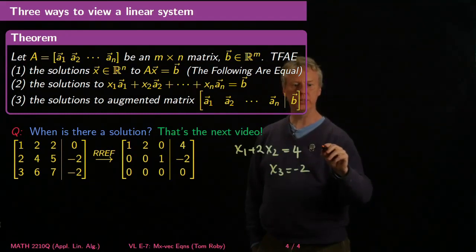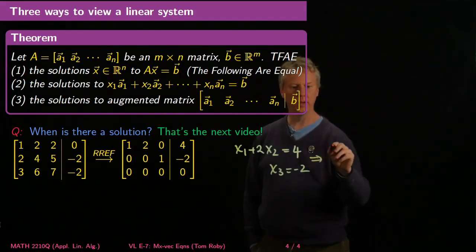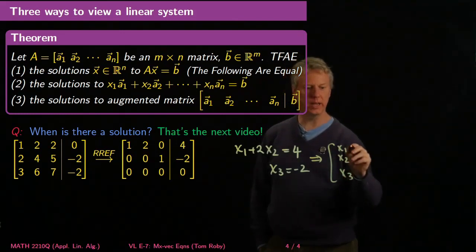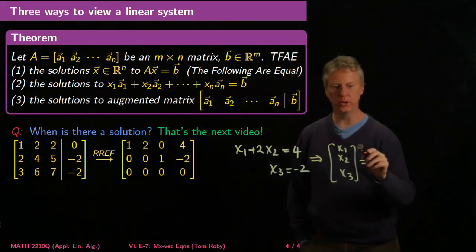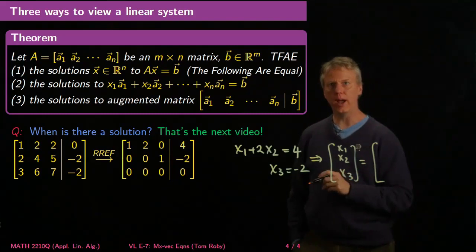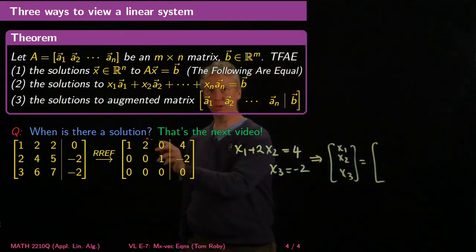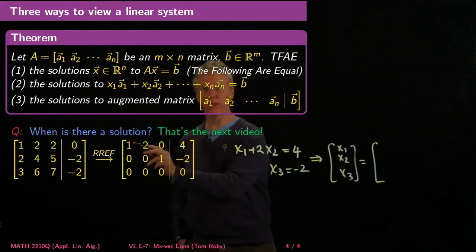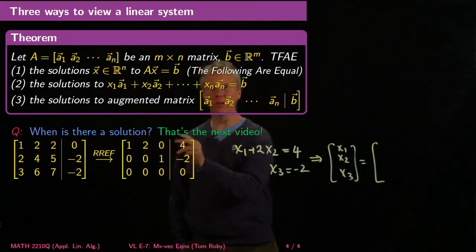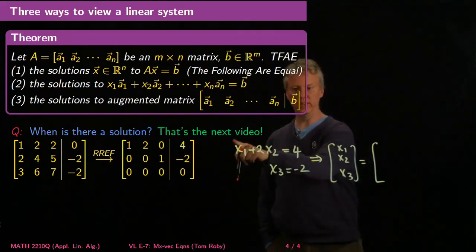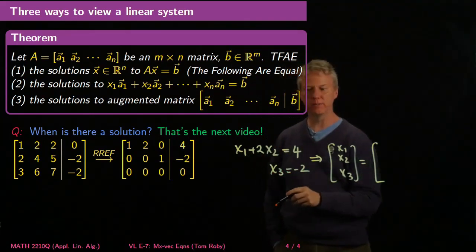Namely, my solution is going to have the form x1, x2, x3 equal to, well, x2 is a free variable, right? There's no pivot in column 2. That's why it's a free variable. The other variables, the pivot columns, correspond to the variables that are given in terms of constants and free variables.